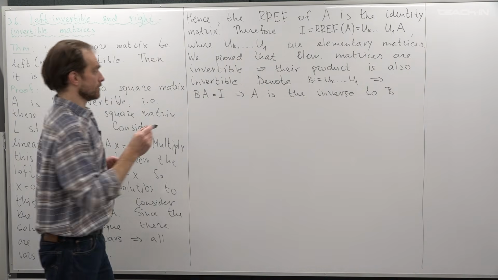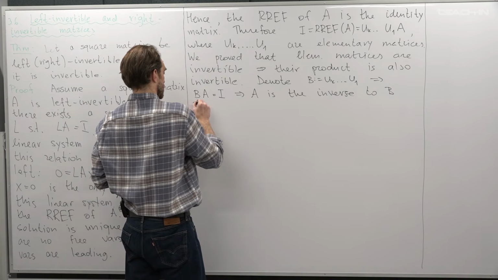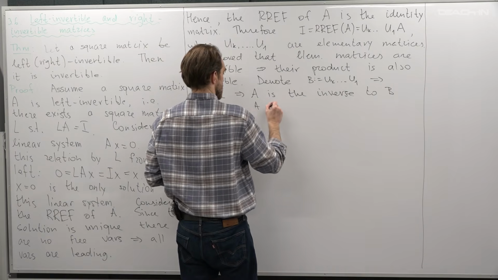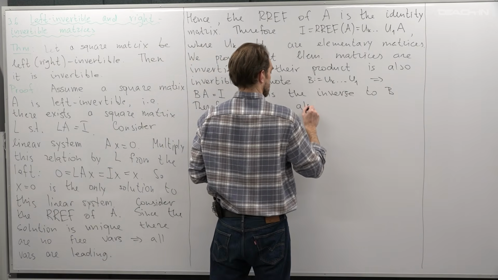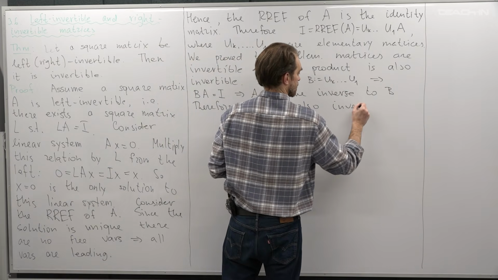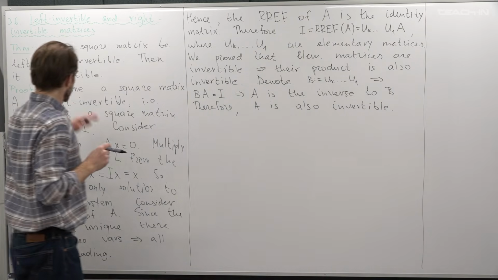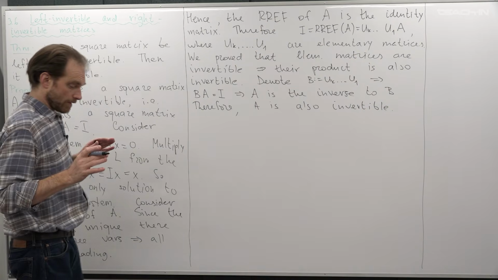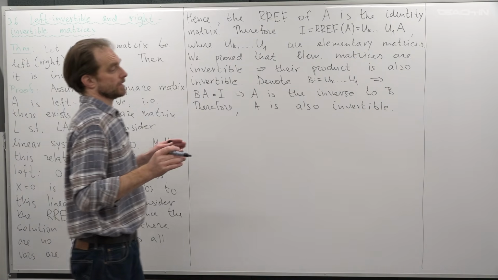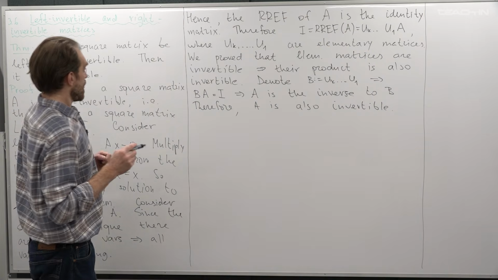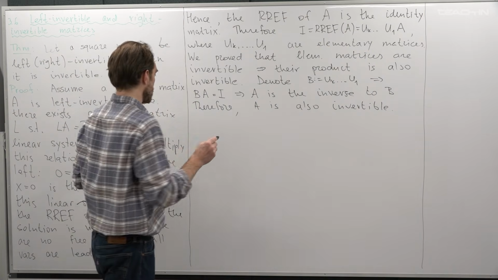So we proved the first part of our statement, that if a square matrix is left-invertible, then it is invertible.